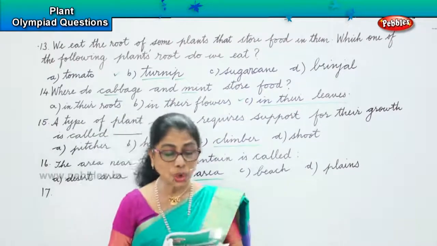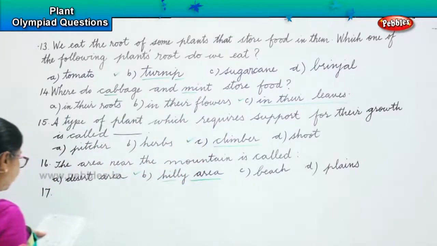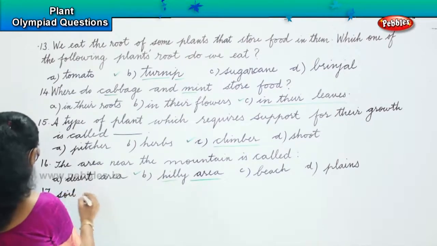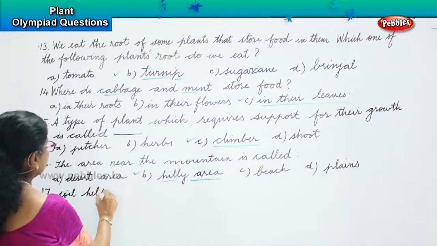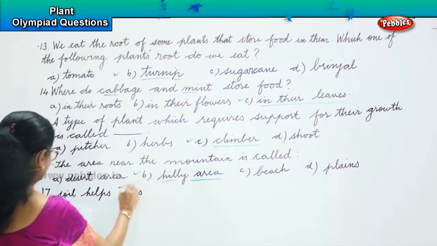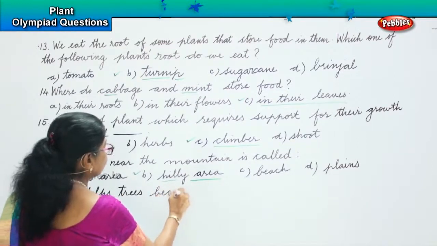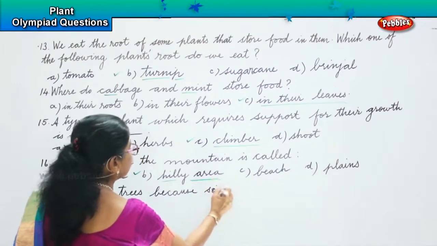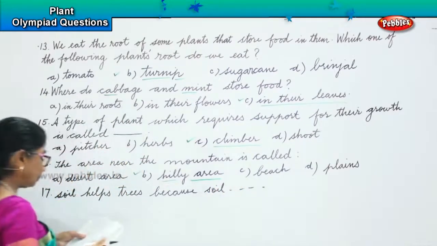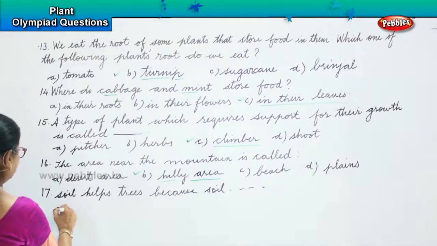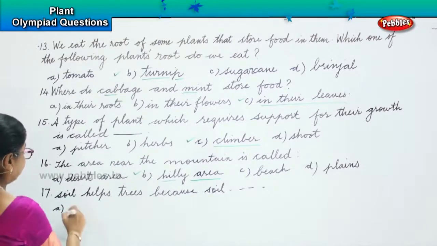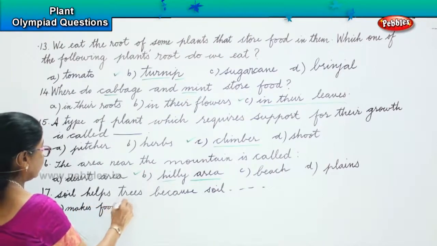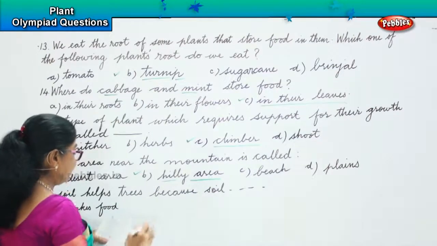17th question. Soil helps trees because soil. Option A, makes food for the trees.